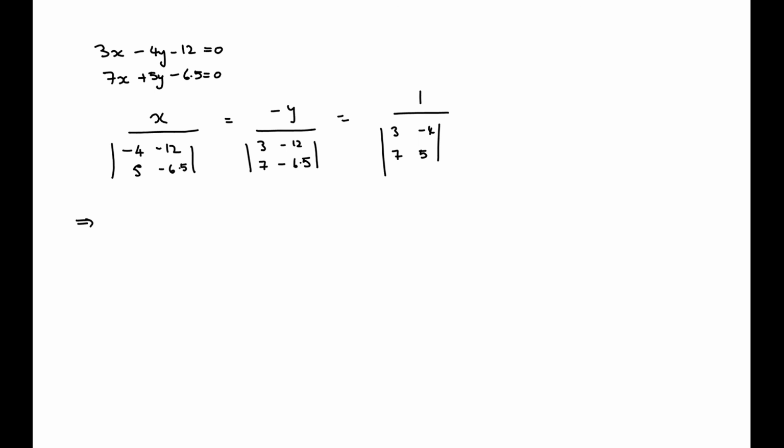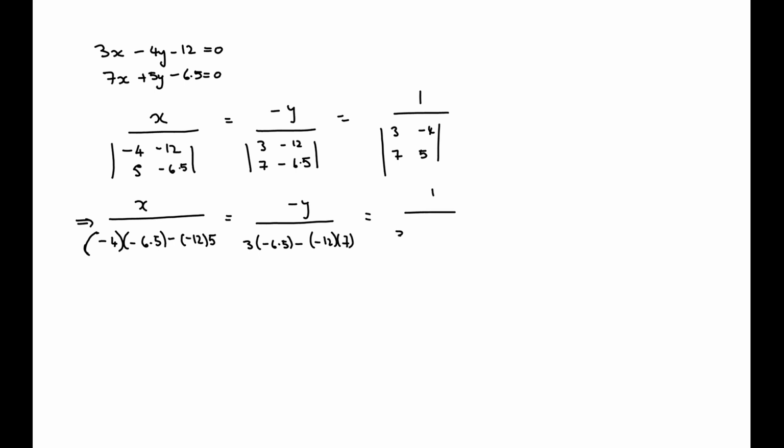So X over -4 times -6.5 minus -12 times 5 equals -y over 3 times -6.5 minus -12 times 7 equals 1 over 3 times 5 minus -4 times 7.